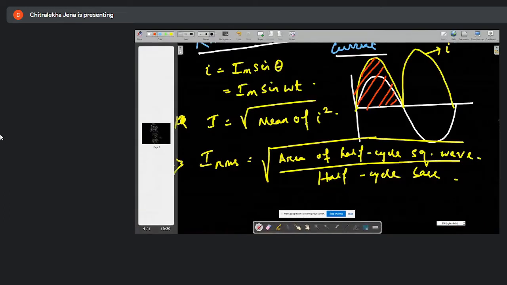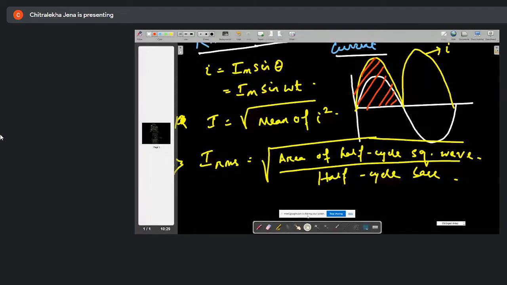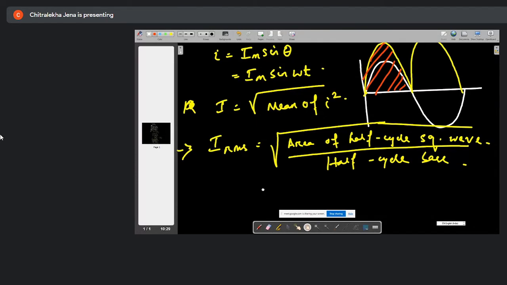Got it? Area of half cycle squared wave. What is the area of half cycle squared wave? Tell me.